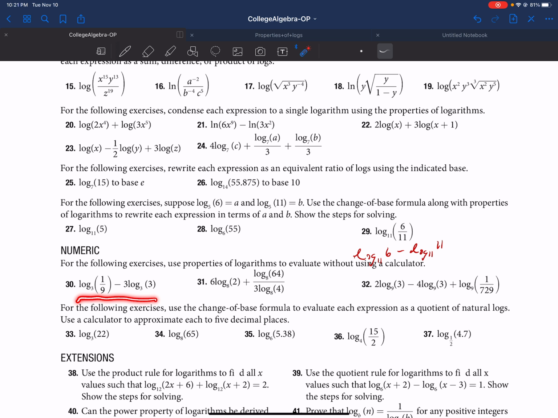All right. In 30, this is log base 3, and 1/9 is 1 over 3 squared. Minus 3 log 3 of 3. One thing that you do need to know is log base b of b is always 1 for any b. Why is that true?